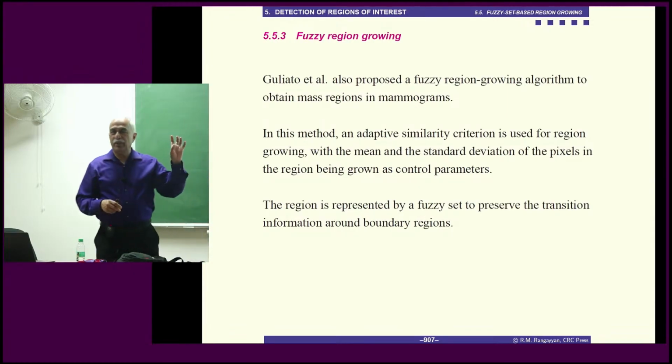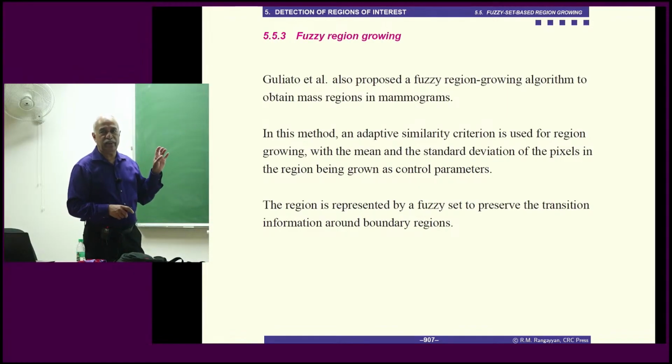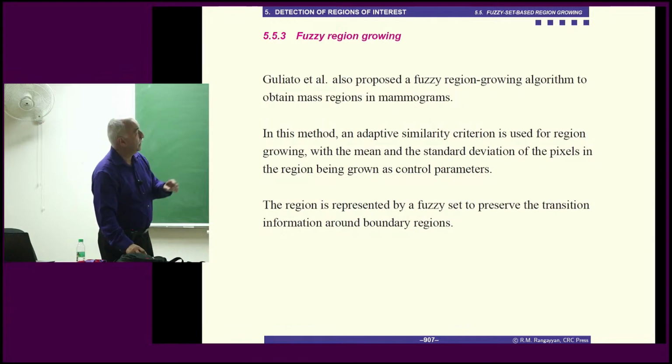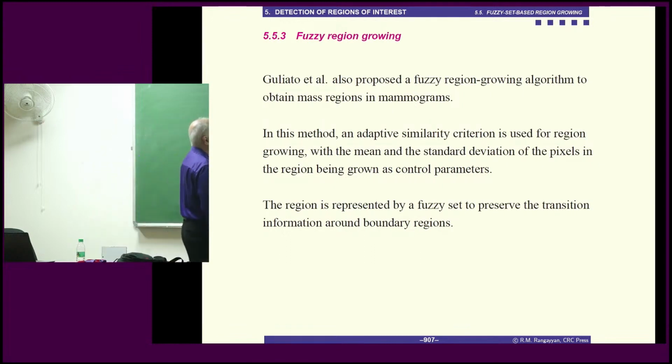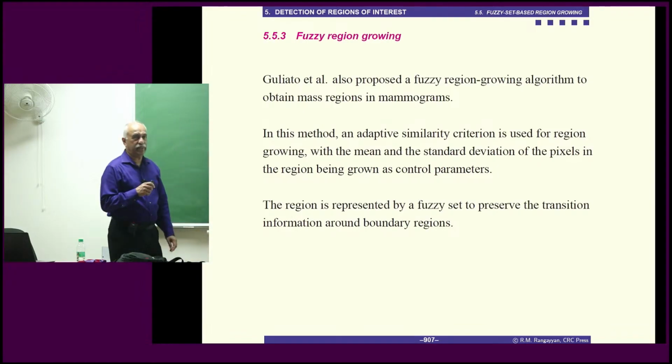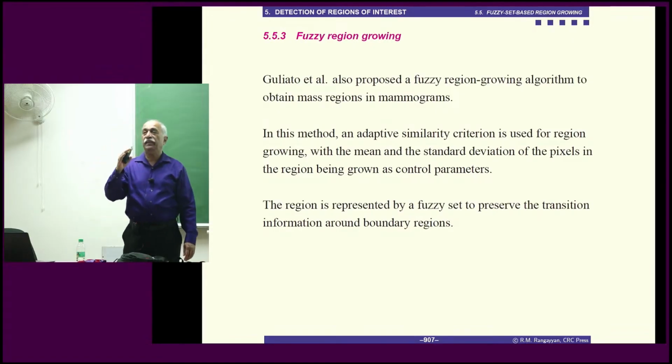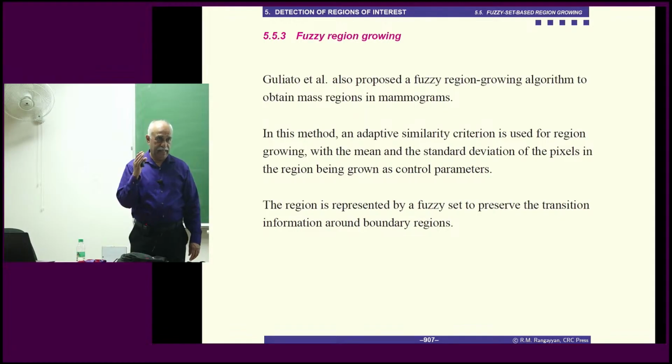Some idea similar to the other region growing criteria I described earlier, where the reference values were changed as a running mean and so on. And here we are using these as control parameters. The region is represented by a fuzzy set to preserve the transition information from the inside of the tumor to the outside. That is where the critical information lies.